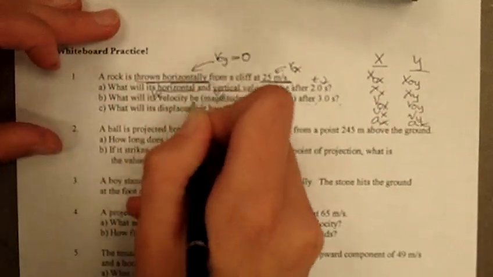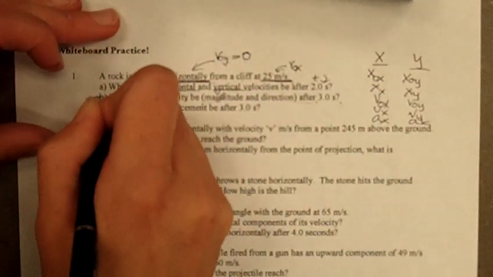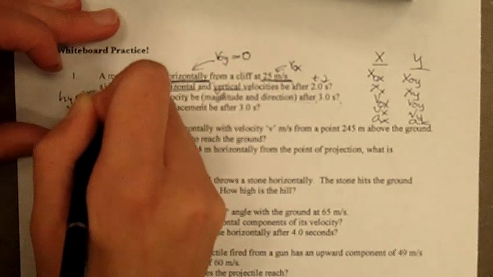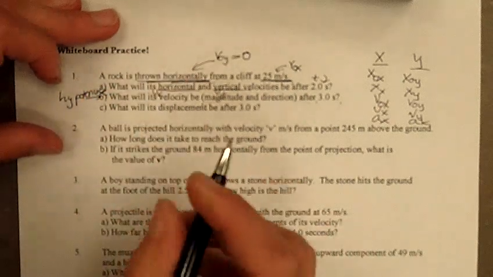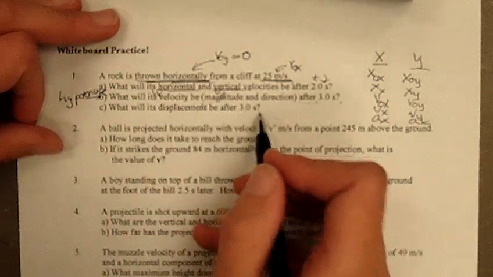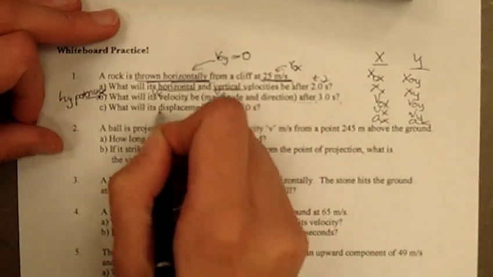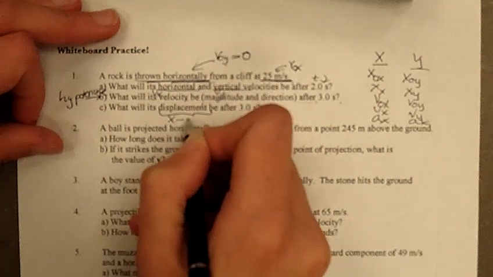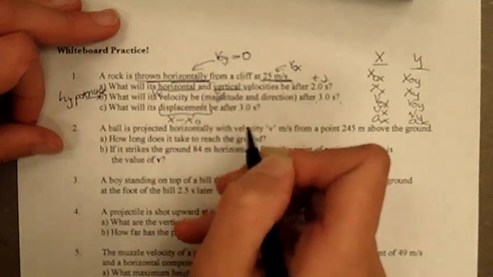If it doesn't ask horizontal or vertical, that means I'm looking for the total, or the hypotenuse. What will its displacement be after 3 seconds? And we know displacement is x minus x naught.